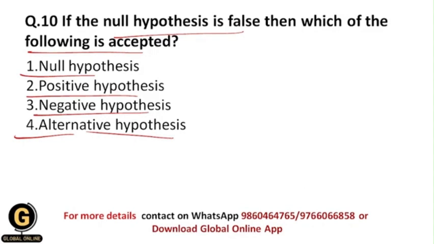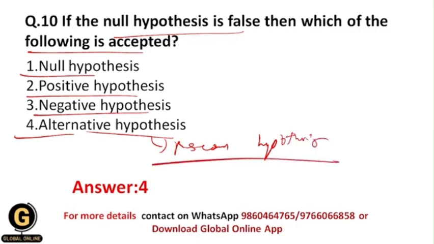So obviously students, whenever we are going to reject the null hypothesis and it is false, then in that situation we are going to accept the alternative hypothesis, which is also called the research hypothesis, right? That I have told you earlier in this video, okay. That's why your correct answer should be 4, that is alternative hypothesis.